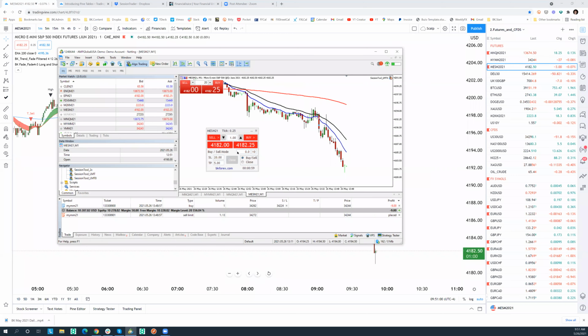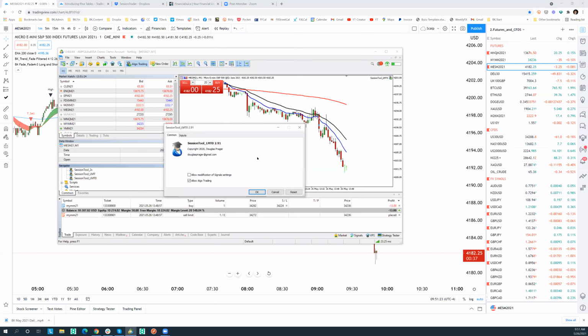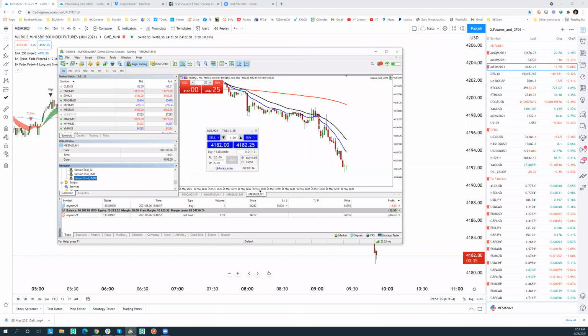Why isn't this working? That's interesting. Oh, why is this session 2 limit? Oh, okay. It wasn't working.